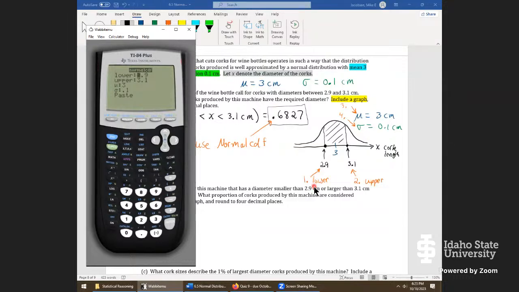Gotcha. On the notes in orange, I'll be doing this for each one of these problems. I'm just pretty much putting in the order everything is going in. So lower is 2.9, upper is 3.1, mu is 3, and sigma is 0.1. So with all those values in, your screen should look like this. And you just hit enter on paste.